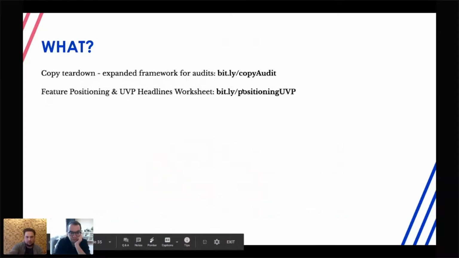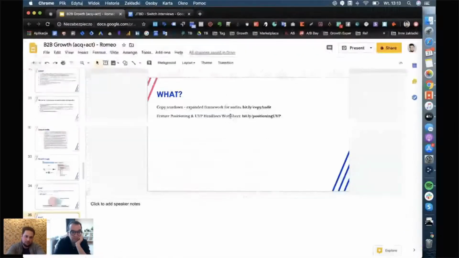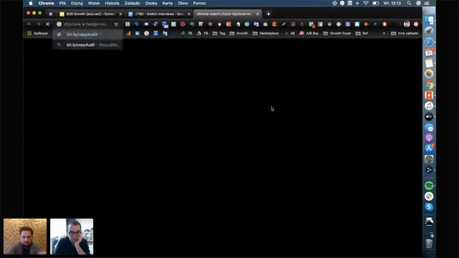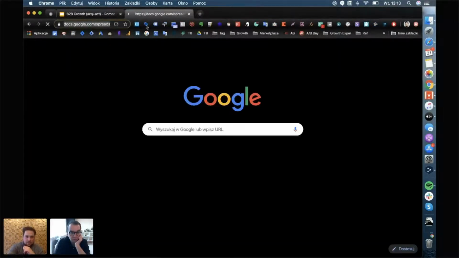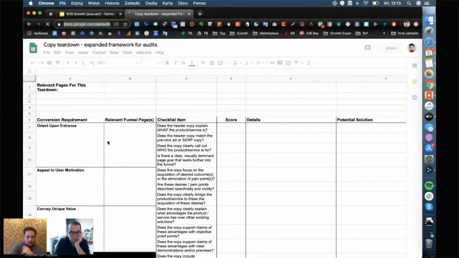And I really like this tool, this spreadsheet, because it's also very methodical. In this spreadsheet, you can do a copy teardown of your current messaging.